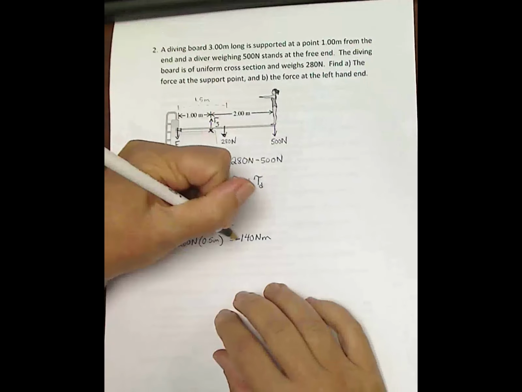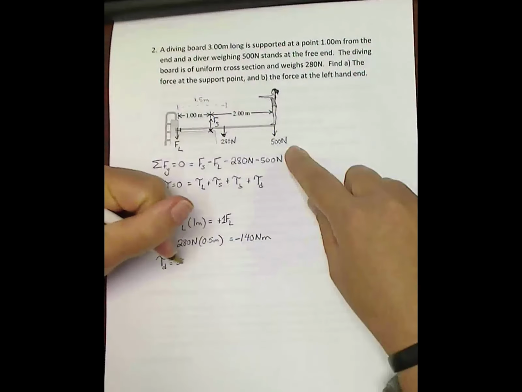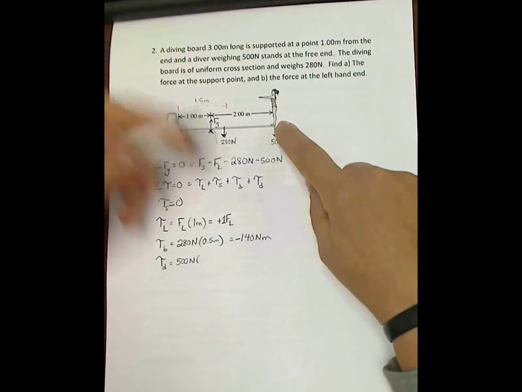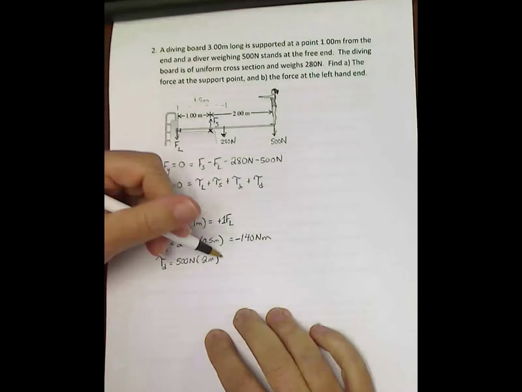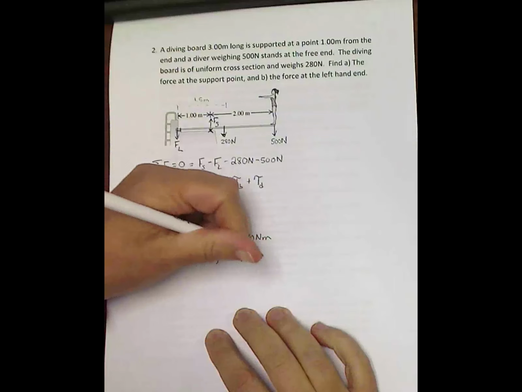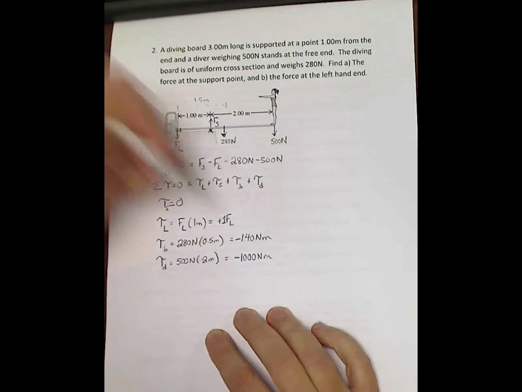And the torque from the diver is the force of the diver, 500 newtons, times the distance between the support and the diver, which is 2 meters. And again, sine theta is 1, so that's 1,000 Newton meters. And again, it's a clockwise torque, so it's negative.